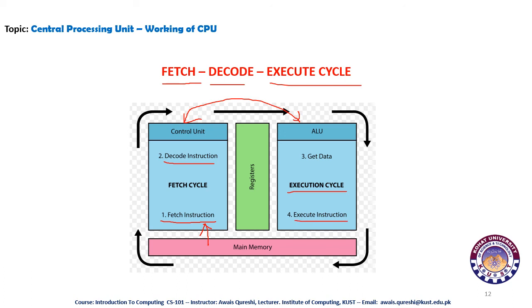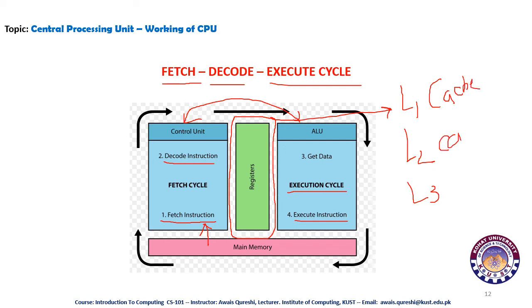Okay, and here you can see there is a specific portion in a CPU which is called registers. You might call them L1 cache, L2 cache or L3 cache. These are the special registers in the CPU for storing results on a temporary basis.